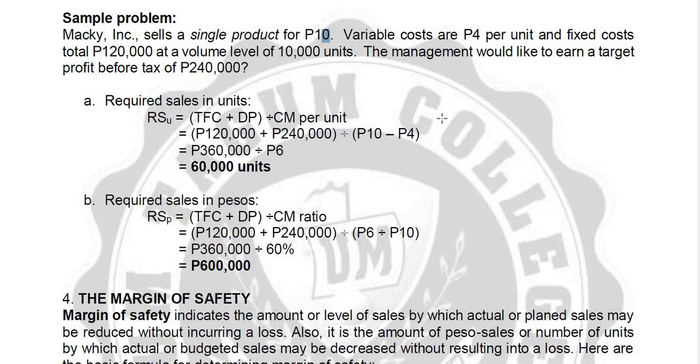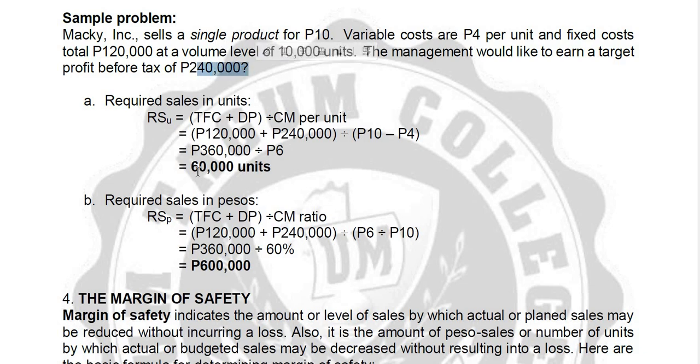So, you have 6 pesos. So, that's 360,000. You divide it by 6. So, you'll have 60,000 units. So, meaning, Maki should sell 60,000 units to be able to earn a total net profit before tax of 240,000.